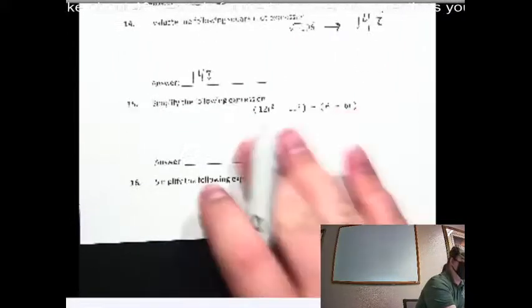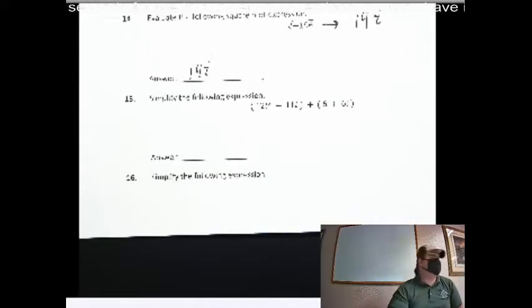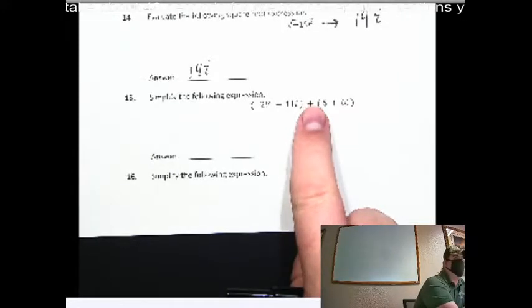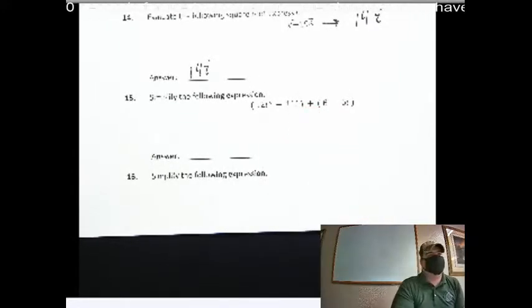Okay. Next, simplify the following expression. So we have i's in here, and we need to combine these things. Now remember, i doesn't work any different from x. We can treat it kind of like it's a variable. So when we are combining things like this, so adding, we can only combine like terms.